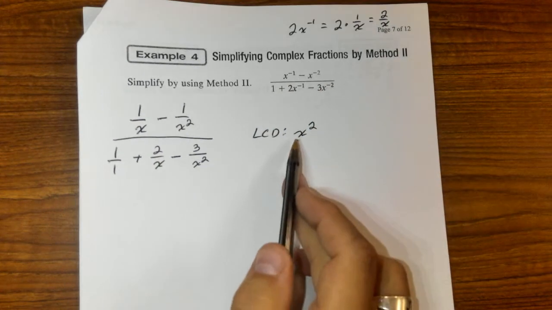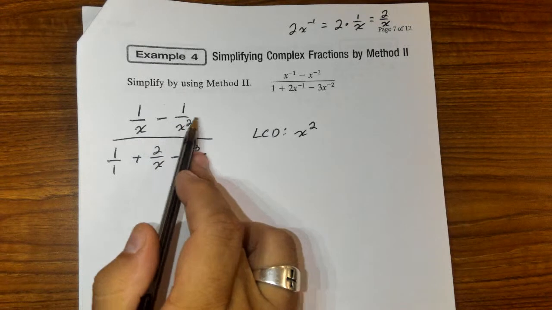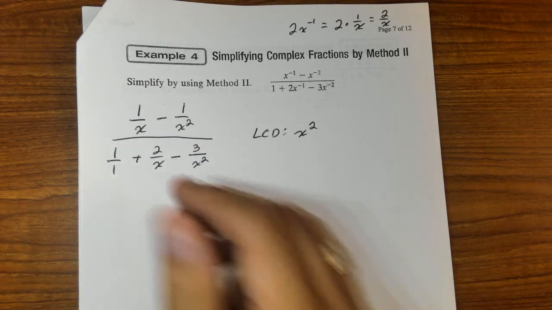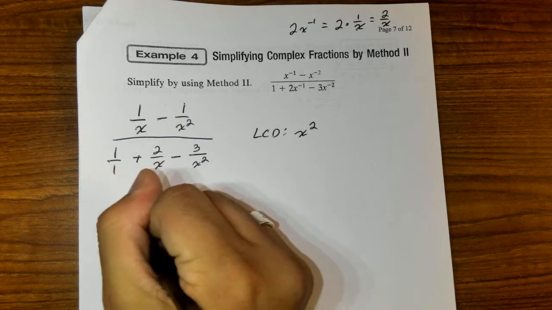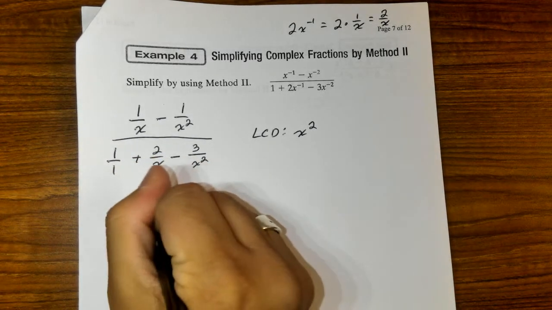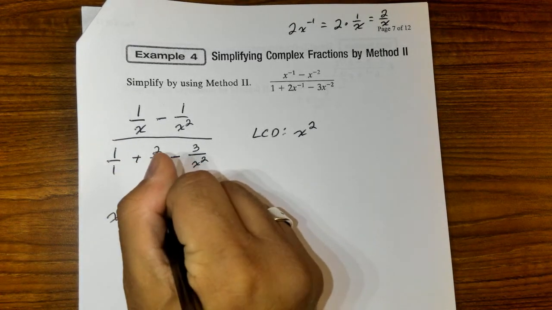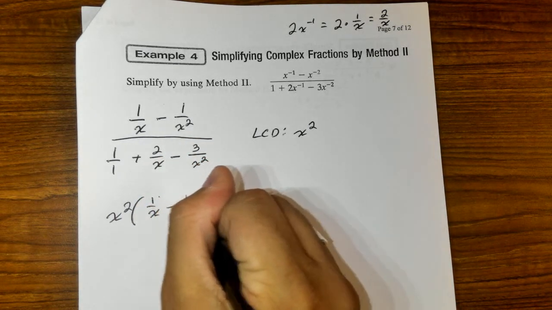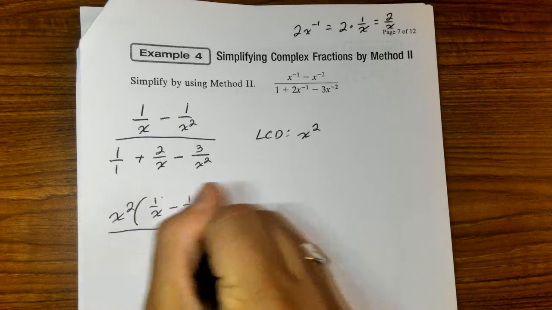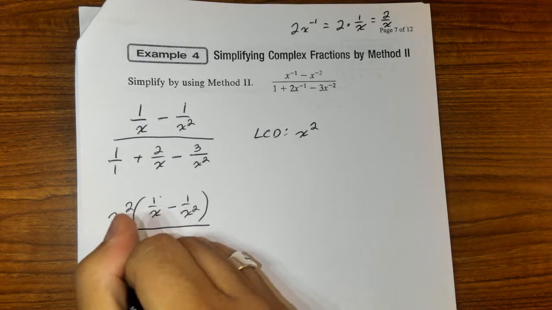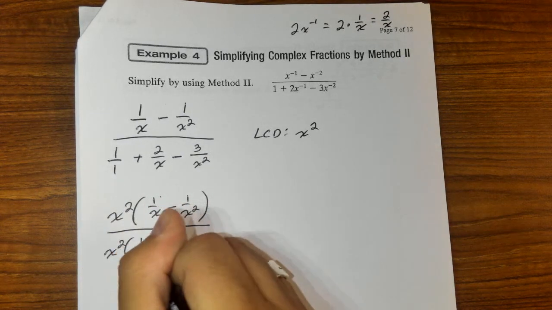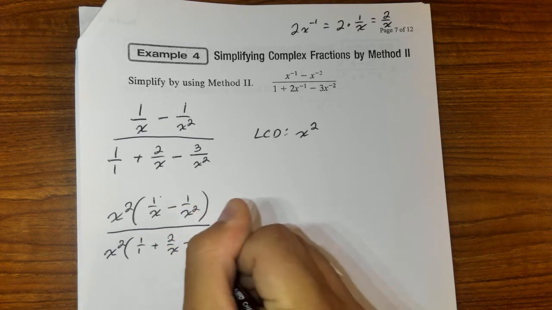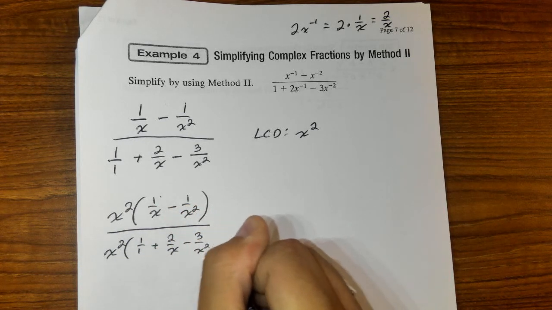So that is what needs to be multiplied to every term in the numerator and every term in the denominator to get rid of fractions. So that's going to look like x squared times 1 over x minus 1 over x squared, and then x squared times 1 over 1 plus 2 over x minus 3 over x squared.